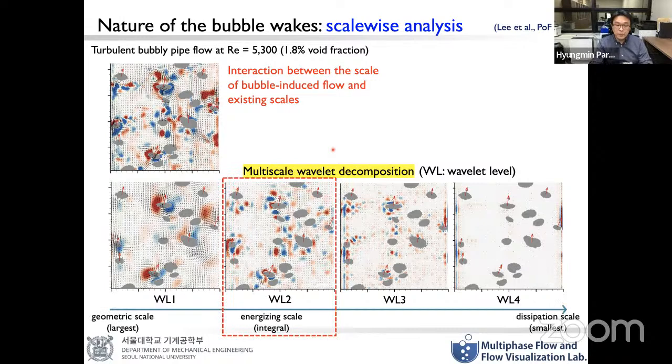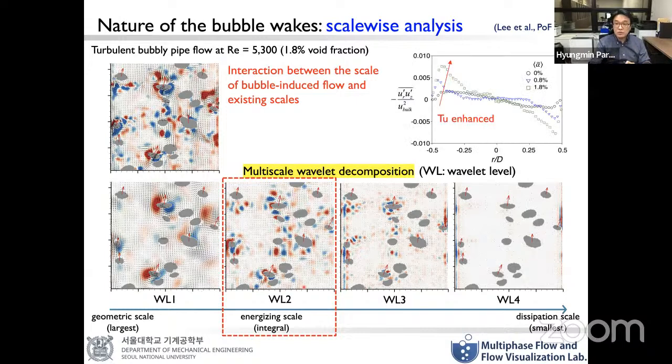That means from the geometric scale, which is the largest one, to the dissipation scale, which is the smallest one. And then we found that wavelet level 2 corresponds to the integral scale of the existing turbulent pipe flow, which is the most energetic scale. So here we can imagine that in this configuration, the bubble-induced flow will try to energize the single-phase flow.